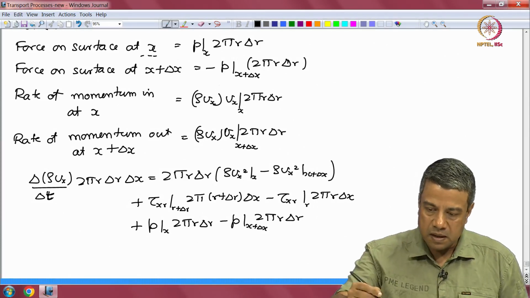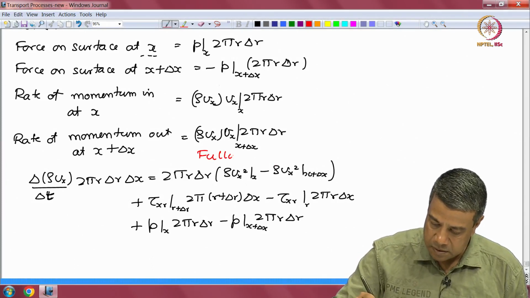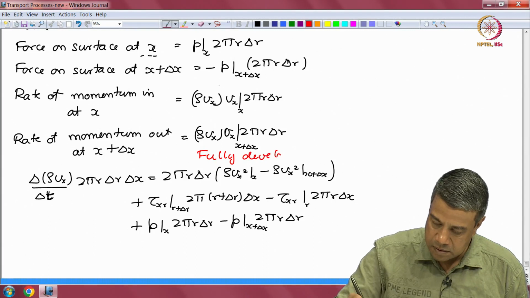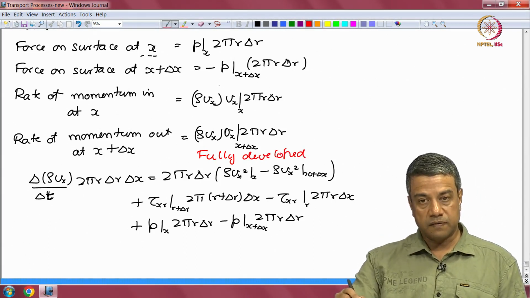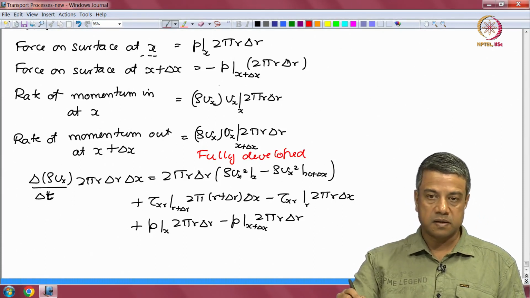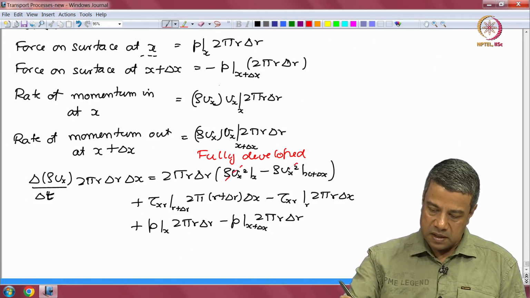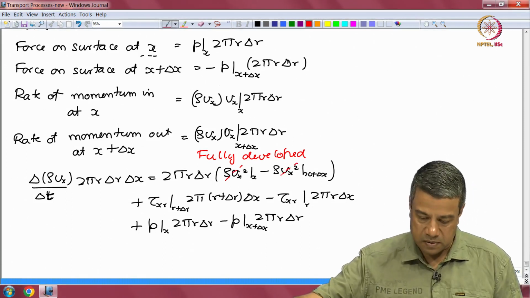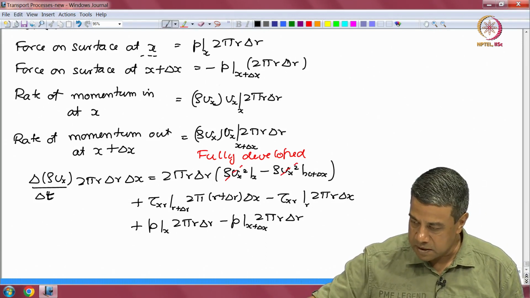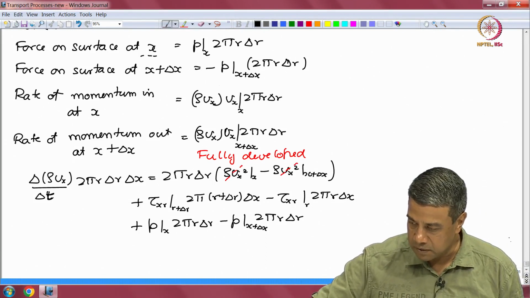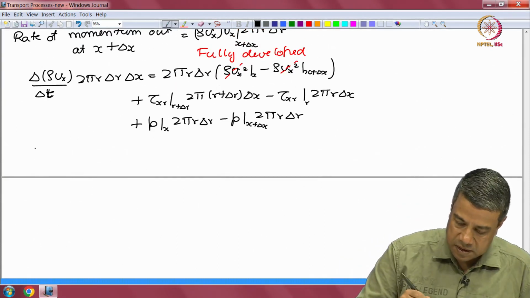And for a fully developed flow, the velocity could be a function of time, but it is not a function of the downstream location. In that case, the velocity at x and x plus delta x will cancel out. And in the remainder of the equation, I divide throughout by the volume. I cancel out x and x plus delta x.